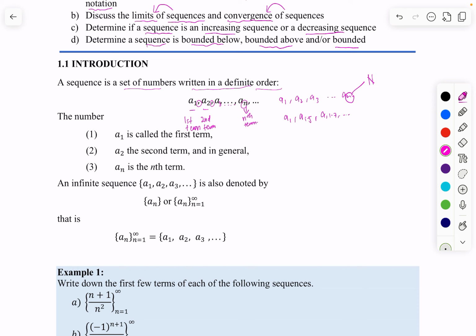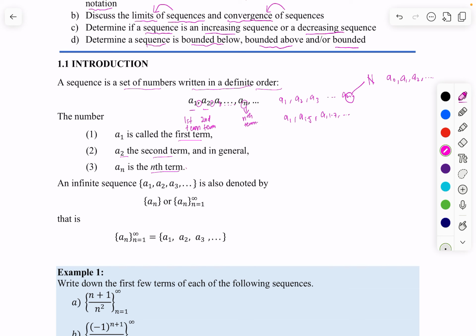So it's just like 1, 2, 3, 4 and so on until infinity. This n also can start with 0. It can be A0, A1, A2, and so on. So A1 is called the first term, A2 the second term, and An is the nth term.